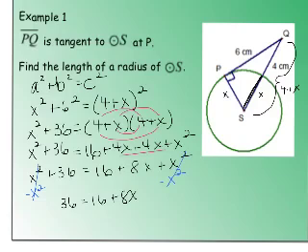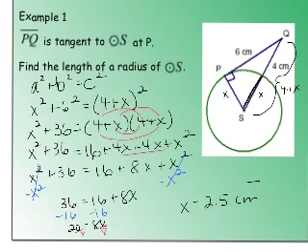If I want to get my x all by itself, my next step is going to be subtract 16 on both sides. So I have 20 equals 8x. And last but not least, I'm going to divide both sides by 8, which leaves me with x is 2.5. So my radius is 2.5 centimeters long.